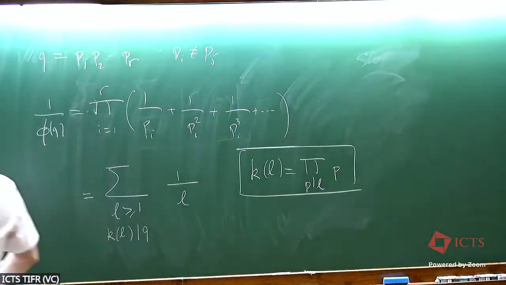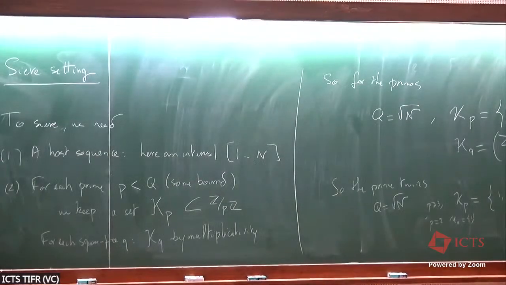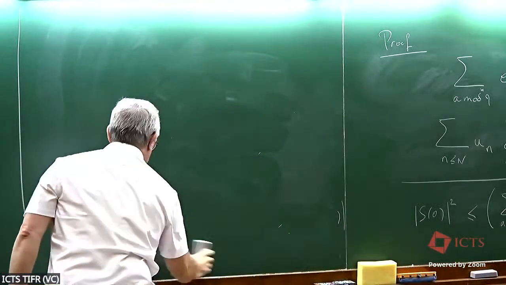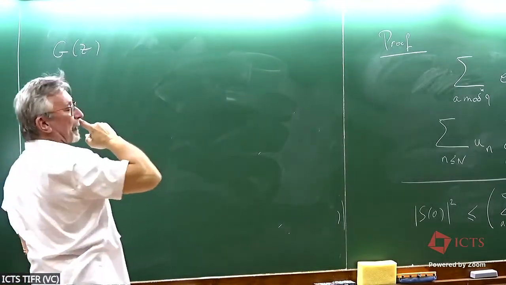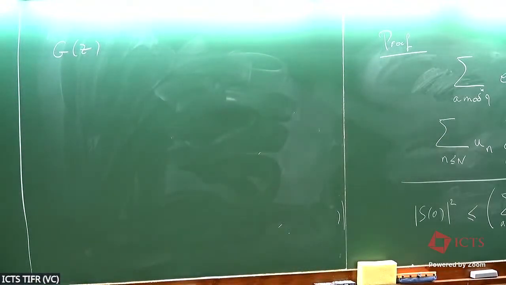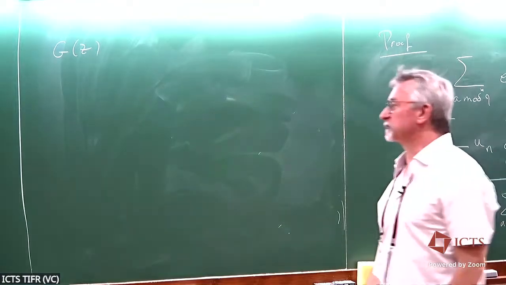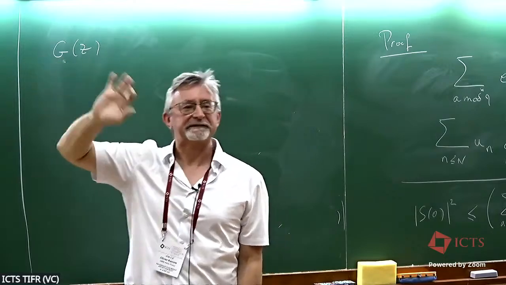you go to the other side. So G of Z. In sieve theory, you'll see many functions that are called G. It always has to do with the density of the given sieve.